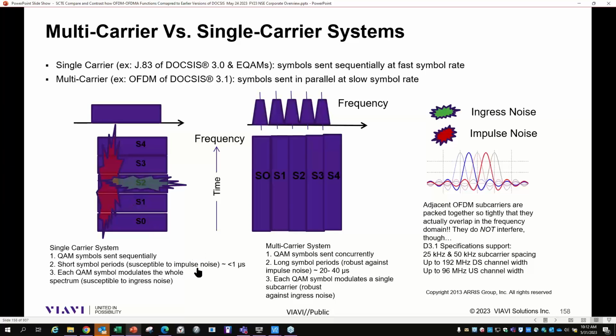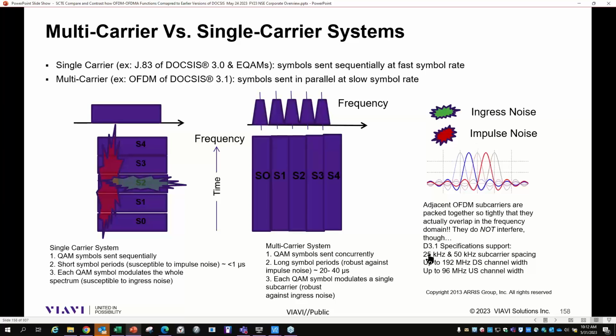Based on this information, you can only withstand basically down to 1 microsecond. By having multiple subcarriers and a longer symbol, you can handle between 20 and 40 microseconds of burst. Therefore, an OFDM carrier can withstand more punishment on the upstream and on the downstream, since that's what we're talking about at this point.